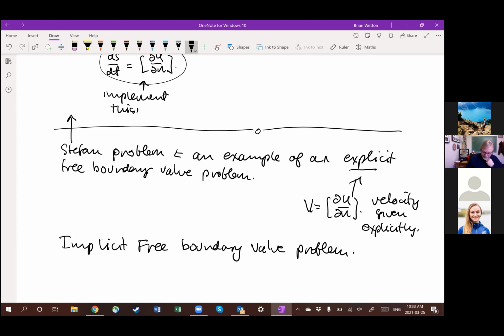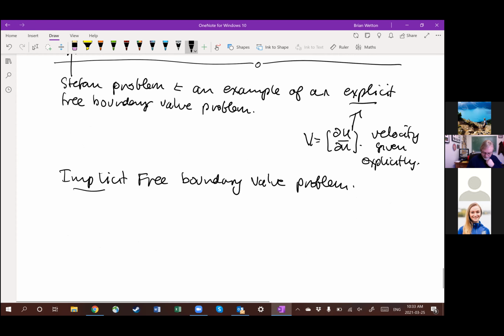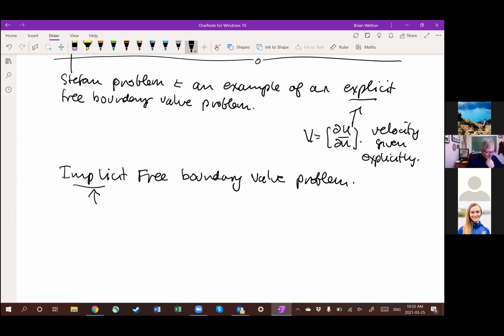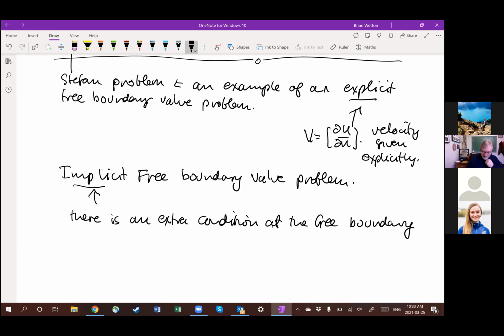In this one, there is an extra condition at the free boundary that determines the motion implicitly.